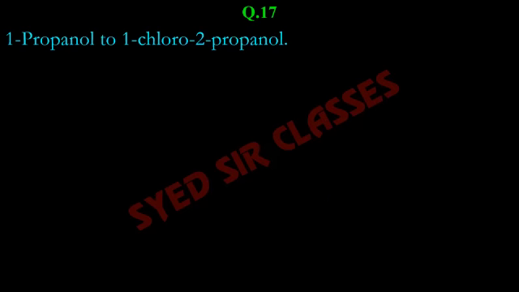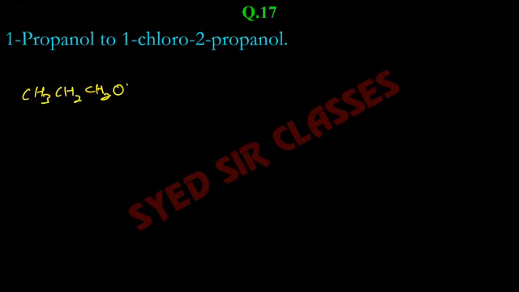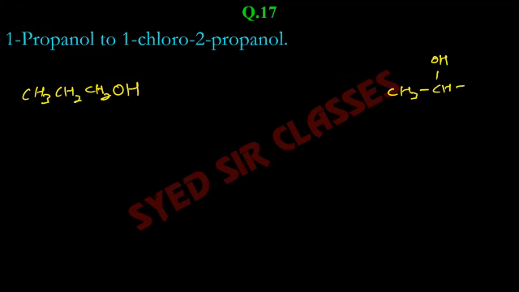One propanol to one chloro to propanol. So you have CH3CH2CH2OH. You have to produce one chloro 2 propanol, meaning CH3CHOHCH2Cl.